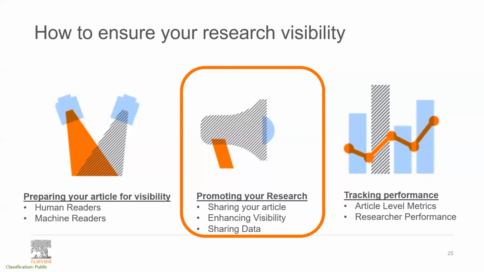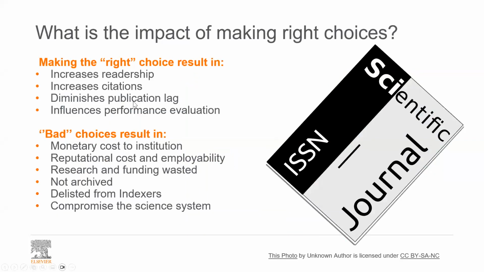One of the key things that you would definitely want to avoid are what are called predatory journals. In general, making the right choice of journal increases your readership, increases citations, diminishes publication lag, and influences performance evaluation.